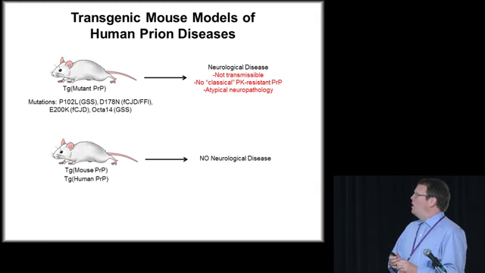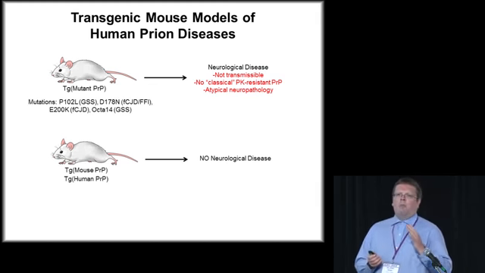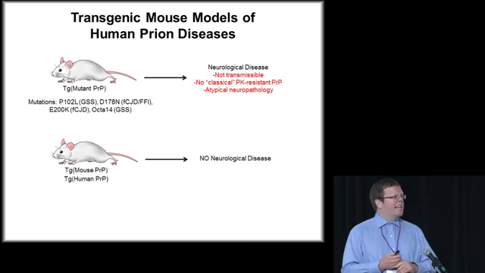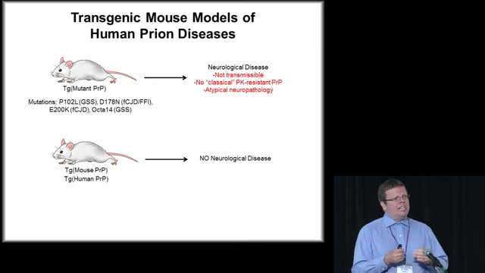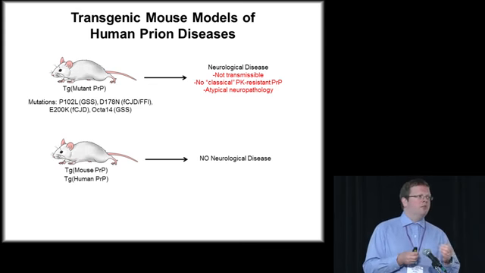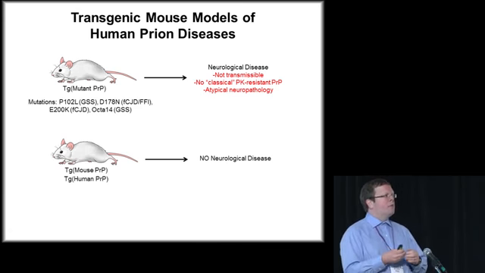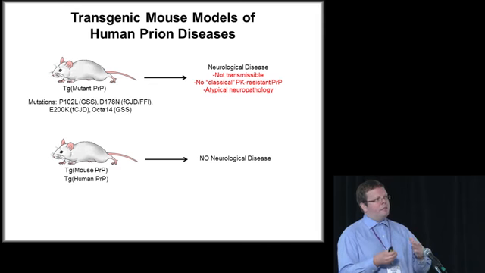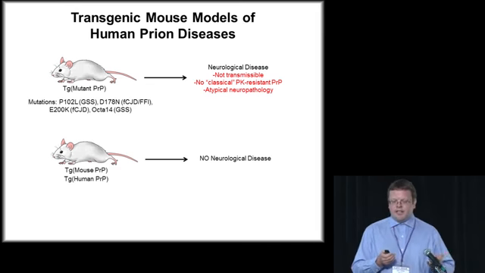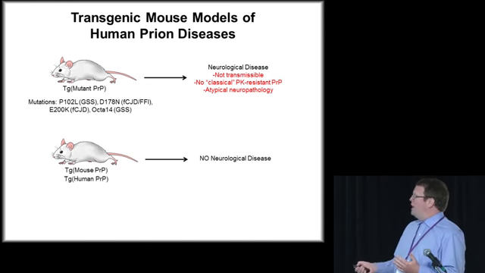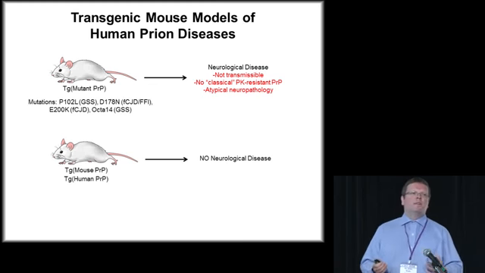If you wanted to create a model of genetic prion disease in a mouse, the most logical thing to do is to introduce a mutation into, say, mouse prion protein that corresponds to CJD or fatal familial insomnia or GSS. Lots of people have tried this in the past, and the results have not always been very encouraging.